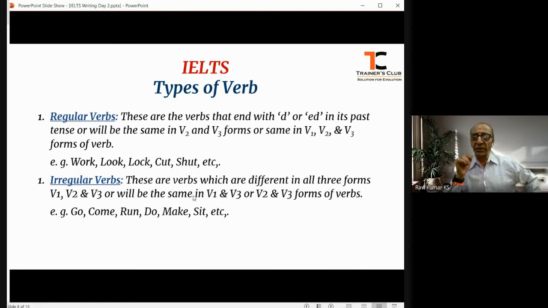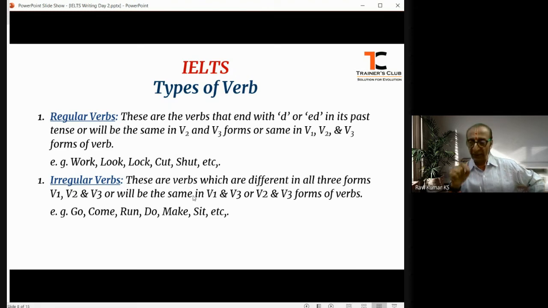That's where most of us get confused when we make the perfect tenses. Because in the perfect tense, whichever may be the perfect tense, whether it is a present perfect or a past perfect or a future perfect, the verb, that is the action verb that is used, is always V3 form.